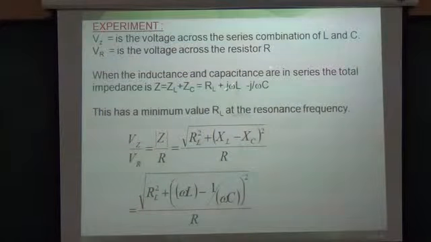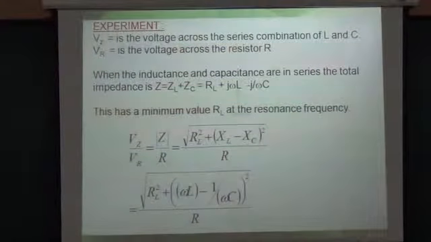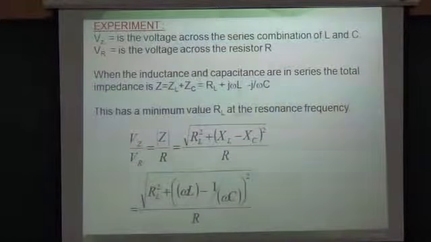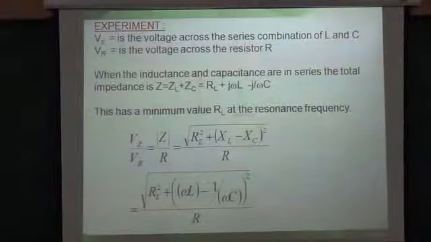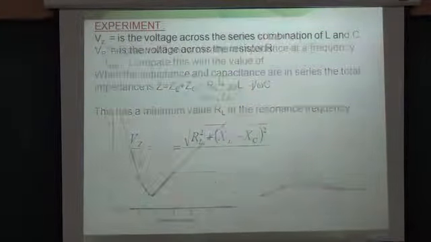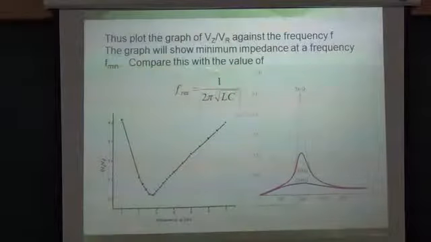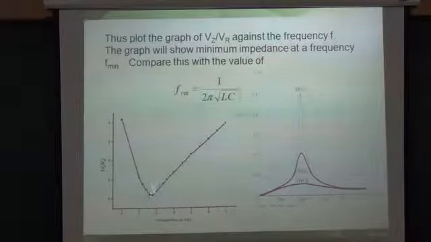This RL again I am talking of the coil. So we are not going to take Z as the total circuit Z; it is only of the reactive component, that is L and C. Here Vz by Vr will give me this value. If I plot Vz by R against frequency, at the resonance frequency I will pass through a minimum. So from here you can determine FR.